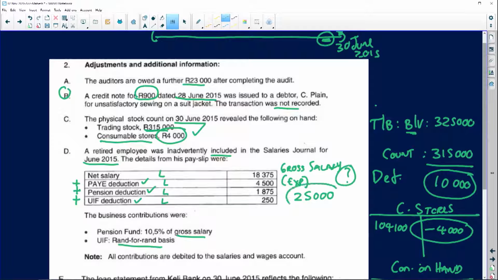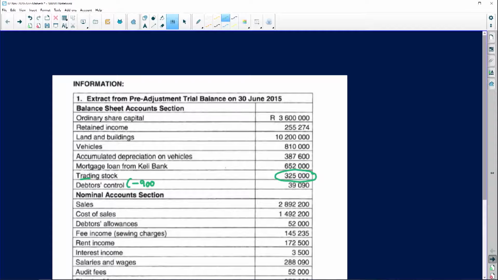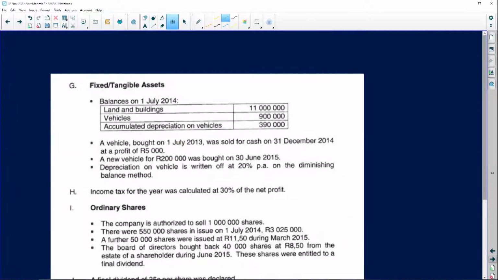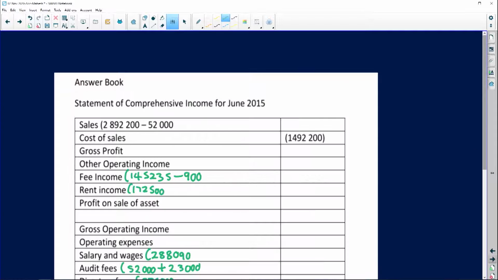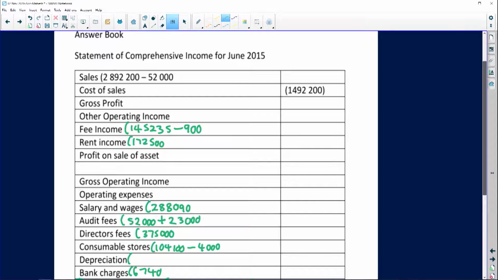Okay, so there's your gross salary, 25,000. And remember what I said earlier on, that is your expense. So we're now going to go to our income statement and we are going to minus the 25,000 from salary and wages, because that expense should not be included in our income statement. Okay, so remember, there we go, salary and wages.